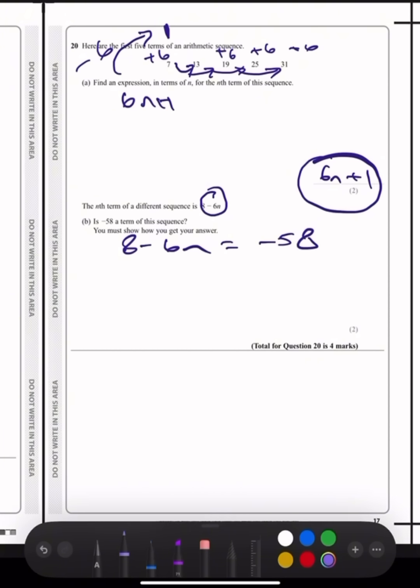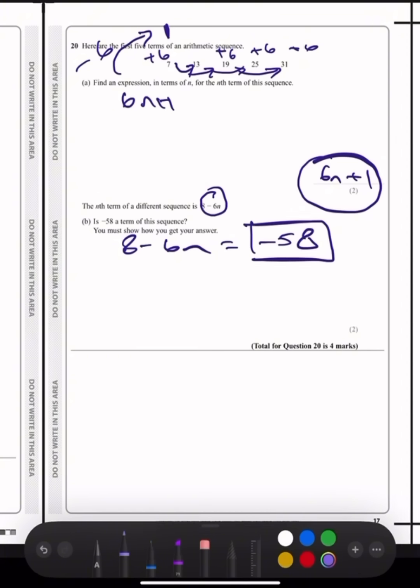The answer shouldn't be 0.5 or something, because in a whole number sequence, there won't be a chance of getting a 0.5 term ever. So it's important to get an answer in a whole number to make sure we know that minus 58 is part of the sequence.